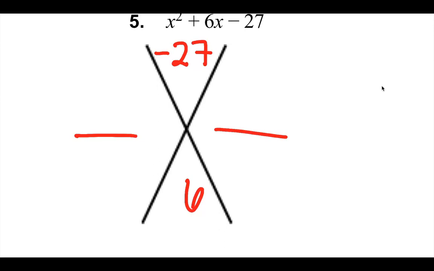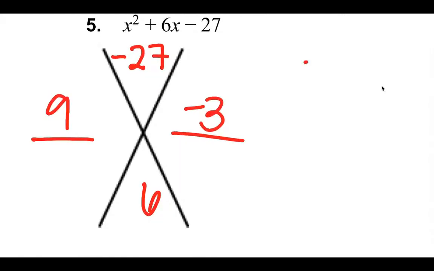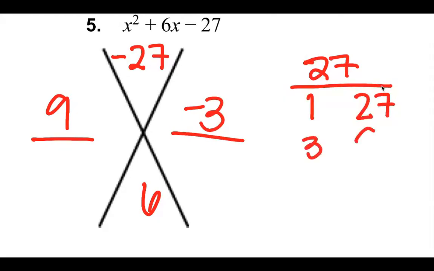I'm going to say 9 and negative 3. 9 times negative 3 is negative 27, and 9 plus negative 3 is 6. And again, you can always list what multiplies to 27: 1 and 27, 3 and 9. You can list all these things, and then you can see what two numbers would work, and you would see, oh, 3 and 9 is going to be my go-to.